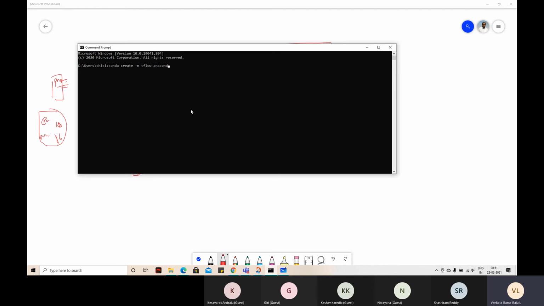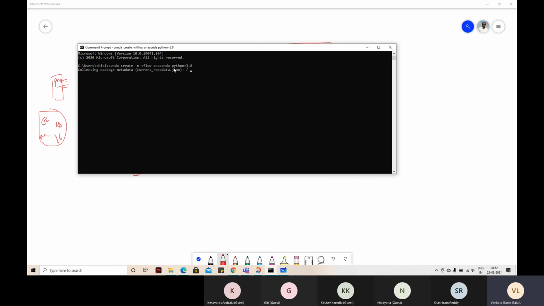So that is anaconda. And I want all the modules present in Anaconda along with this environment, you should say. And then the Python version, which version you want to use. You can say python=3.6 or 3.7 or 3.8. I will say 3.8.